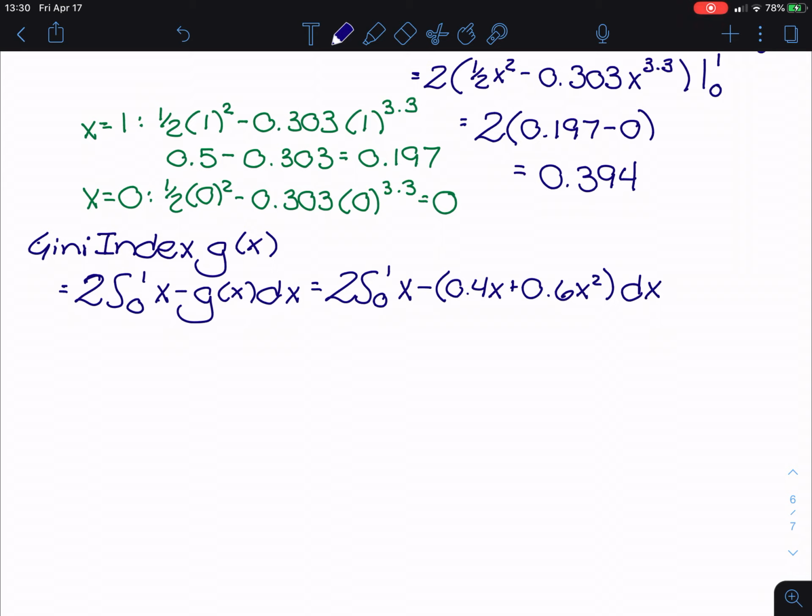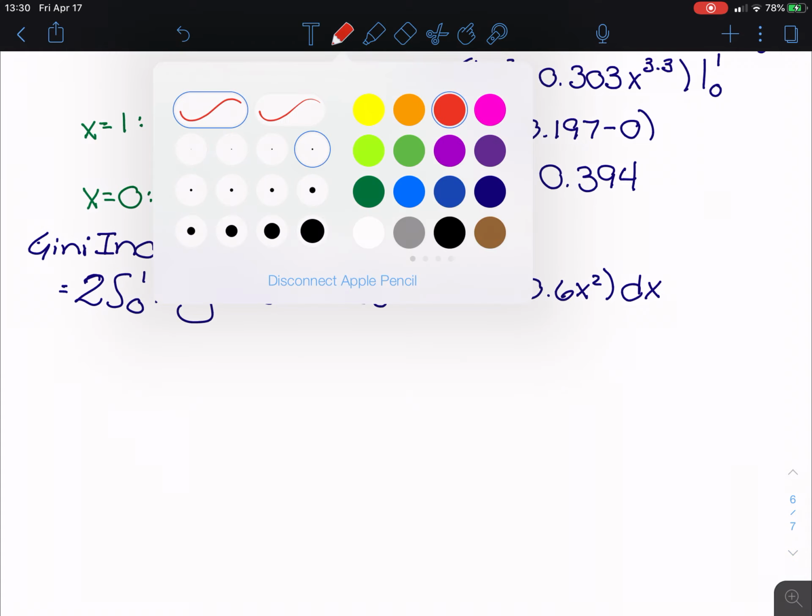Now I can put like terms together, but first I'm going to distribute this negative into the parentheses. So I have a negative 0.4x and a negative 0.6x squared.